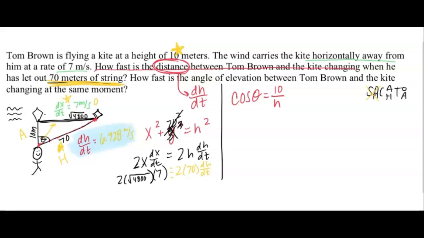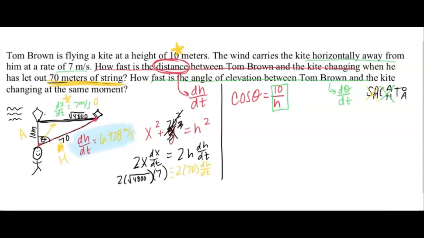Hopefully you're recognizing though, that if we are trying to find how fast the angle between Tom Brown and the kite is changing, that's finding the change in the angle compared to time, which means you will have to derive this. This is fine. You guys can derive 10 over h. You would either have to do the quotient rule or bring h up and do h to the -1 and derive it that way. So again, cosine would work, but actually I'm going to advise us not to use cosine.